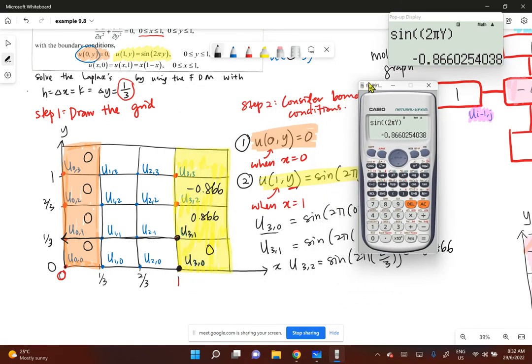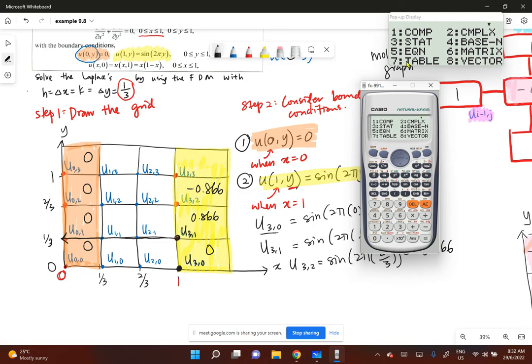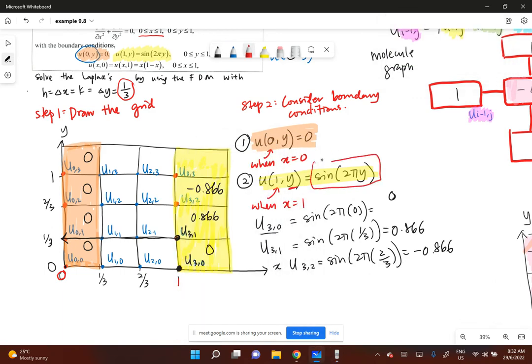If you don't want to do it one by one like this, you can use the table. Go to mode and then find table, number 7. Then fx. Here you have to key in this equation. But because the calculator uses fx, not fy, you have to change to sine 2 pi x.